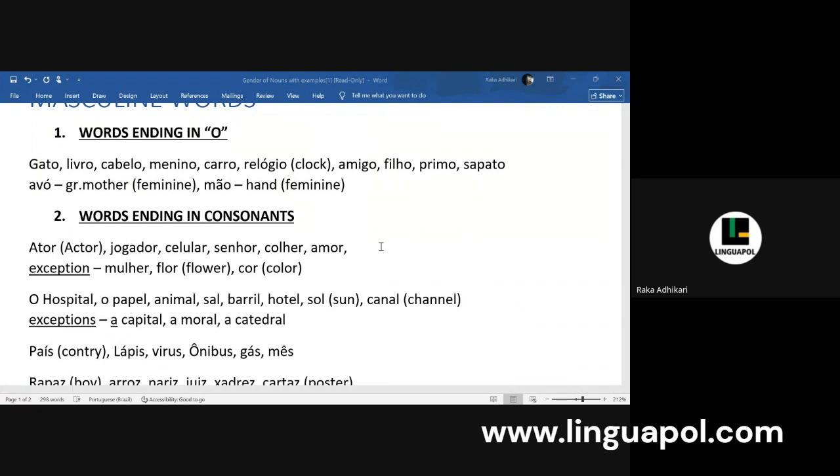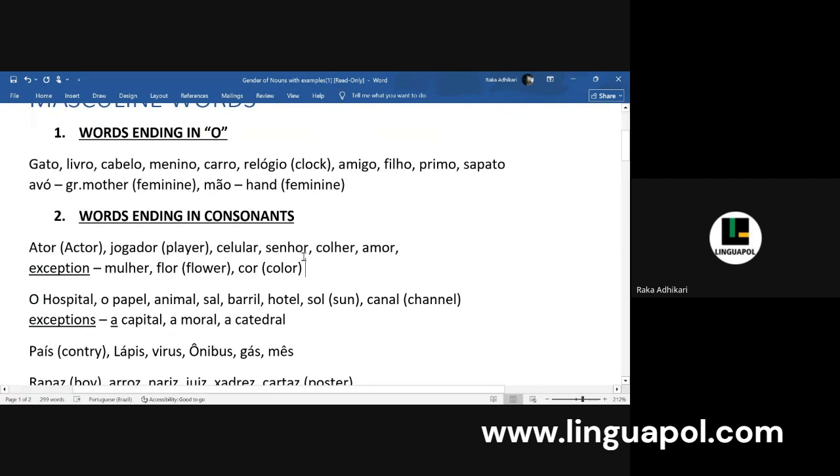Can you tell me what is jogador? Player, yes, derived from the word jogar. Jogador is a player. For example, I can say, o Virat Kohli é jogador de cricket. Virat Kohli is a player of cricket.